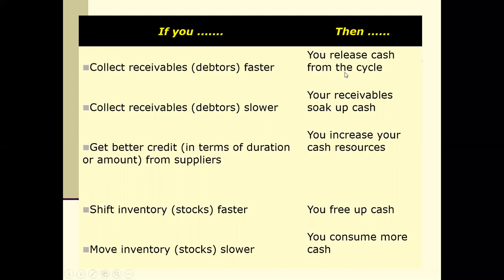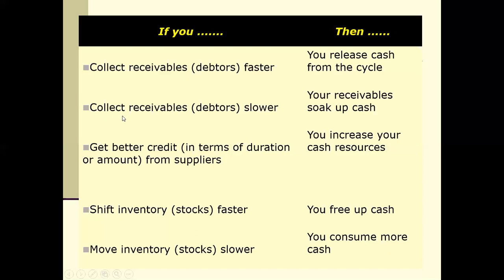Let's just assume that earlier you were collecting from your customers after 90 days, and now in this year you are able to collect from your customers in 60 days. It means that you are collecting your receivable faster, and you are releasing your cash in a much better way compared to the previous year.